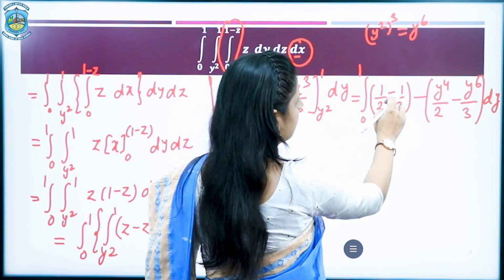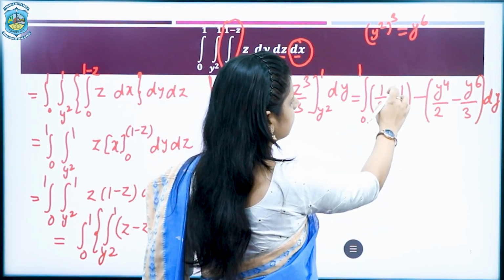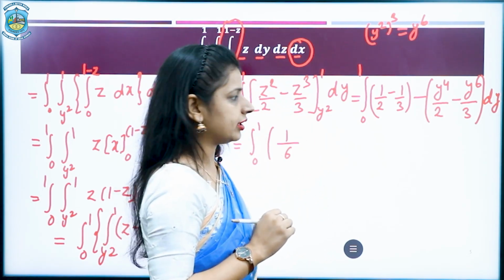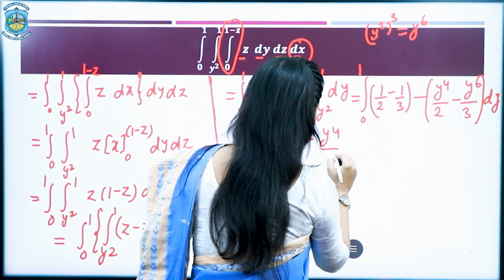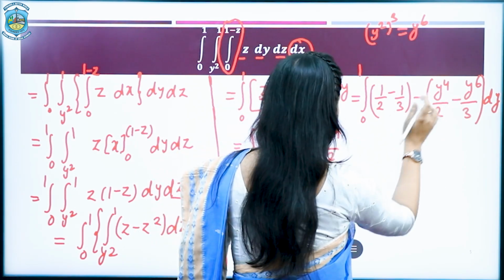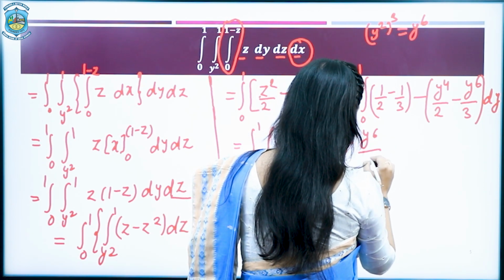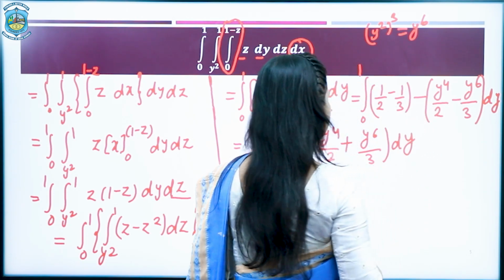First we will simplify this, we will take the LCM, that is 1 by 6, and then 3 minus 2. So it would be 1 by 6 minus y to the power 4 by 2, and this minus will give a plus sign, y to the power 6 by 3, integration with respect to y.